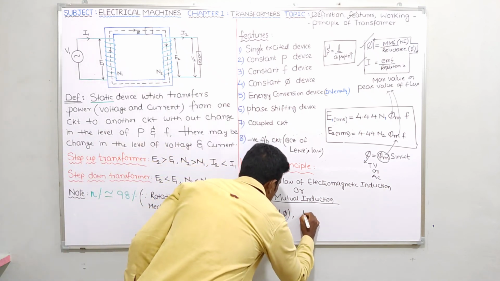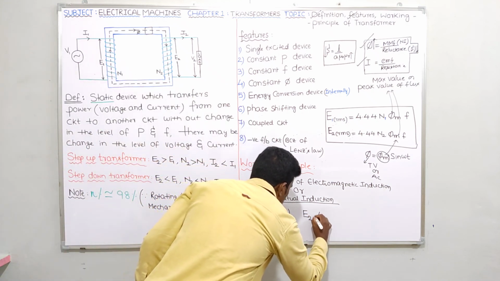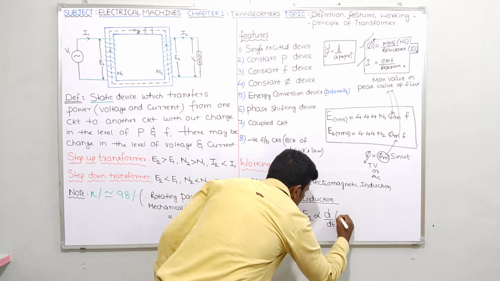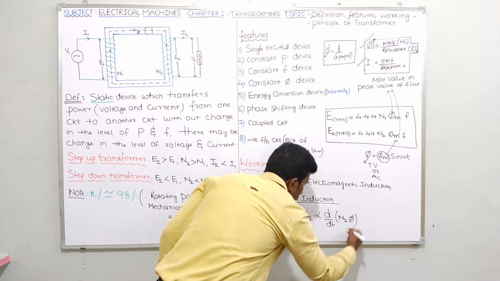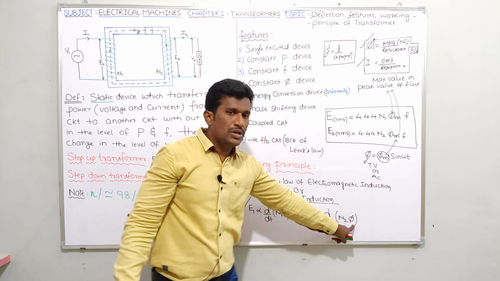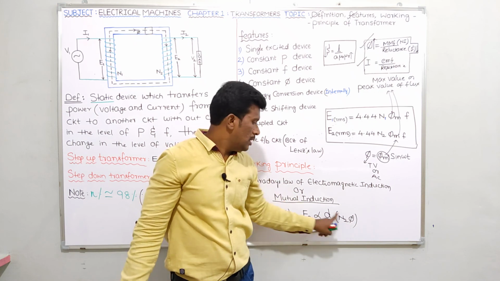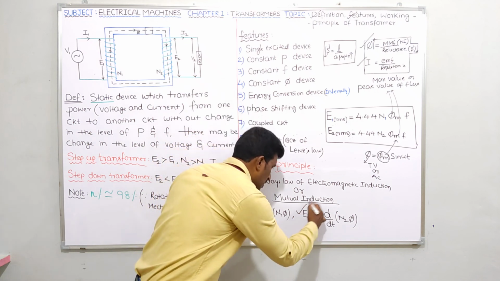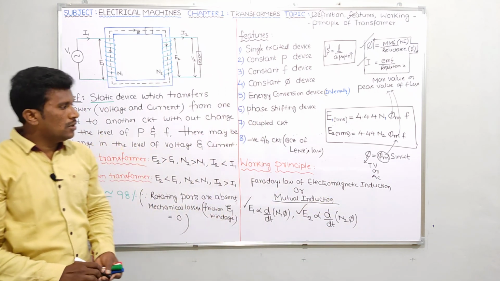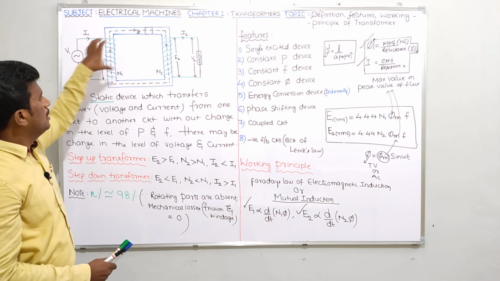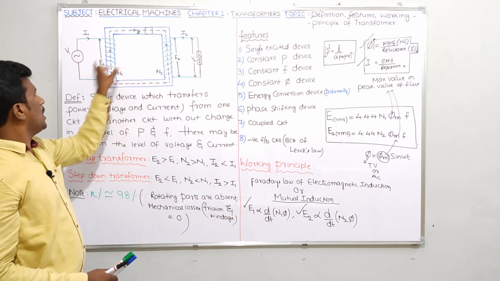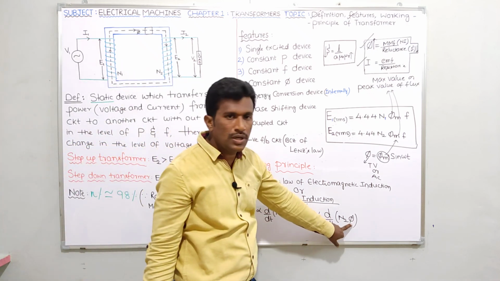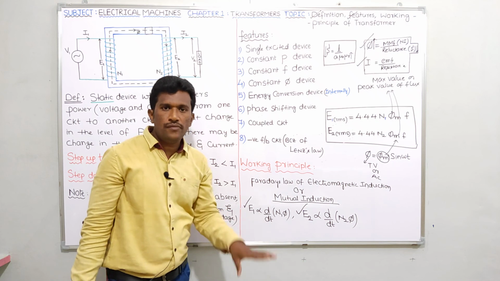Here also EMF will be induced because E2 is proportional to d by dt of N2 into phi. Phi is core flux, so it is time varying, N2 phi will be time varying, rate of change of flux linkage will be possible, and EMF will be induced in the secondary winding also. Is it clear? So EMF is induced in the primary winding and the secondary winding also. Both E1 and E2 correspond to the same flux, the core flux only.